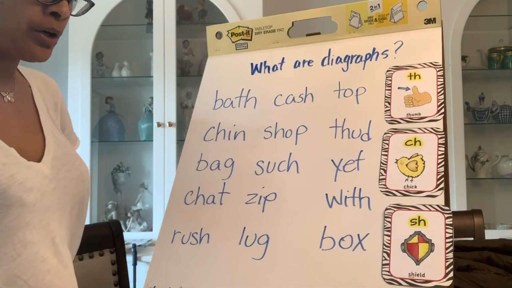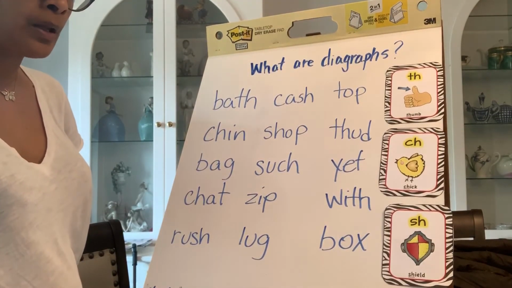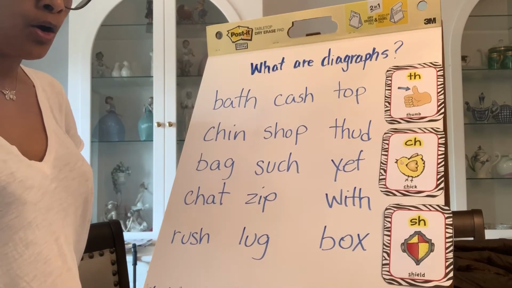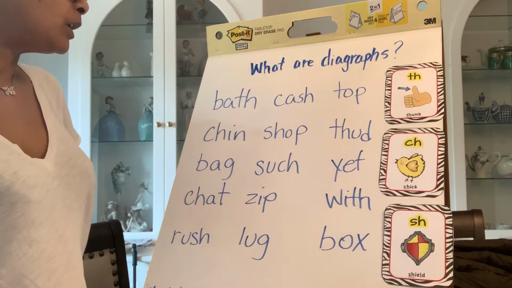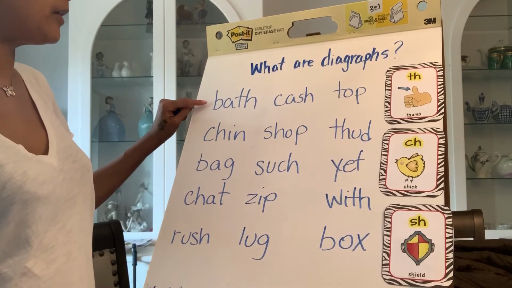We're going to read the words, and we're going to circle the digraphs in the words below. If a word does not have a digraph, we're going to place an X over the word. So let's read the words first, if you want to try to read them with me together.